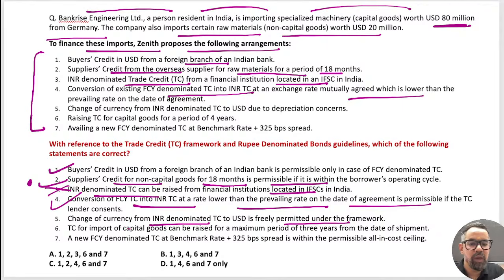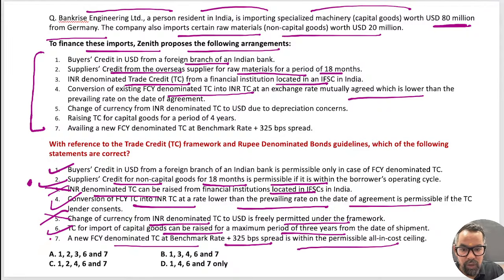Changes of the currency from INR to USD, no, this is not freely permitted. Trade credit for imports of capital goods can be raised for a maximum period of 3 years from the date of shipment. This is true. For capital goods, it is 3 years. A new foreign currency denominated trade credit at benchmark rate plus 325 spread, that is also permitted as all-in cost, right?